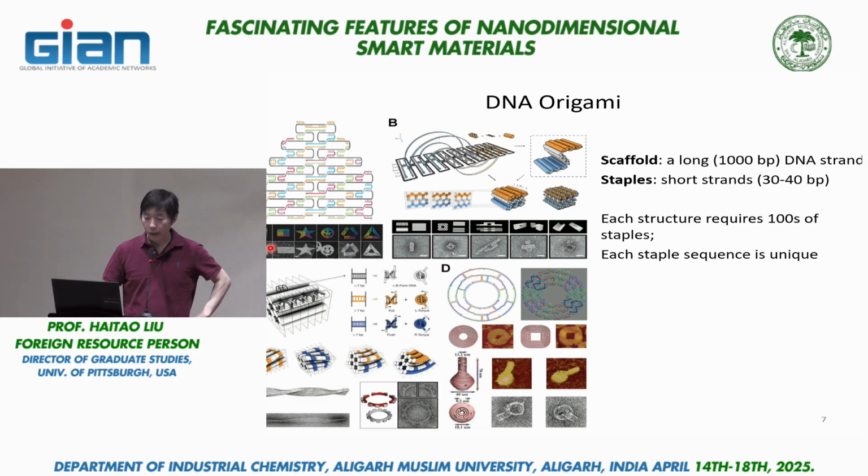So if you look at the pictures here, the pictures shown are models of DNA structure, and on the bottom are actual structures produced by this technique. Each one of the structures is about 100 nanometers in size.